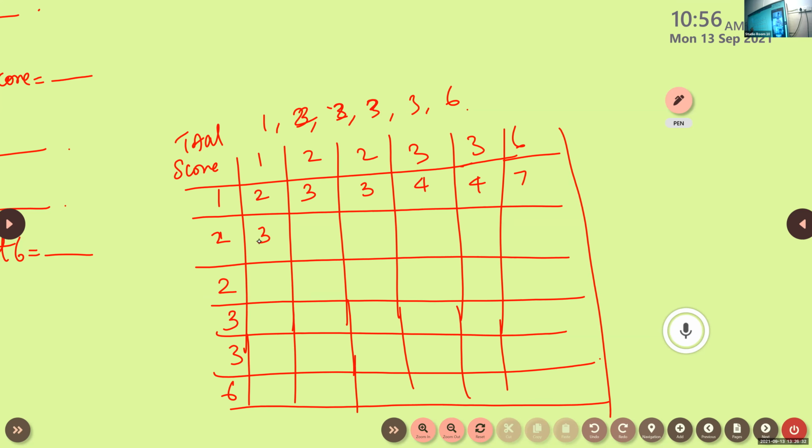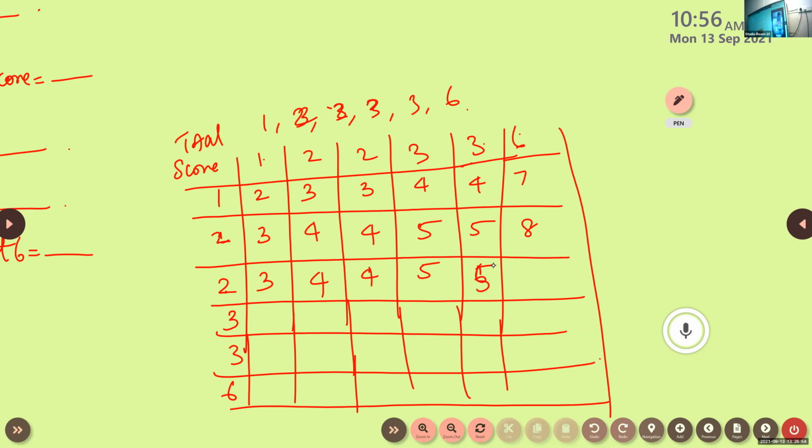2 plus 1 is 3, 2 plus 2 is 4, and so on. Adding these, the next is 5. 6 plus 2 is 8. Now take the next row: 2 plus 1 is 3, 2 plus 2 is 4, again 4, 5.